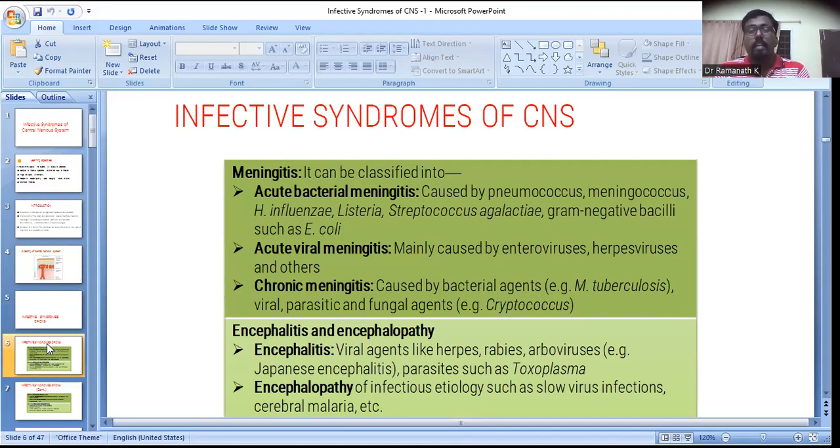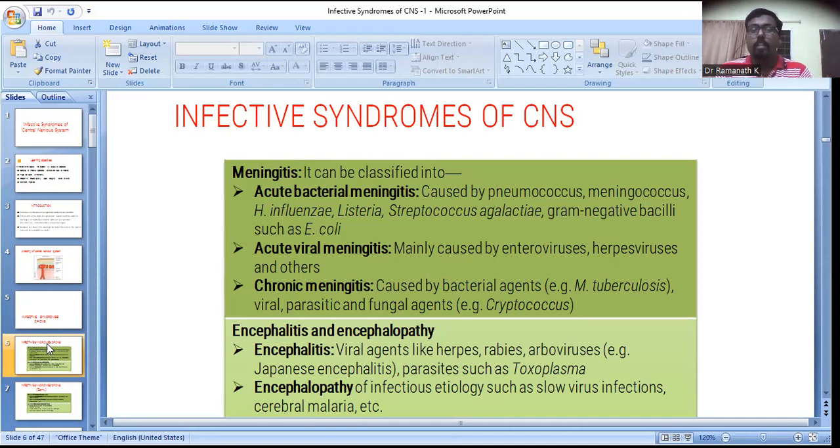We will study in detail again, but for the time being, meningitis is the inflammation of the meninges. Based upon the organisms and the time duration of the infection, it is again classified into acute bacterial meningitis, which can be produced by most of the bacteria like pneumococcus or Streptococcus pneumoniae, meningococcus or Neisseria meningitidis, Haemophilus influenzae, Listeria, Streptococcus agalactiae, gram-negative bacilli like Escherichia coli.